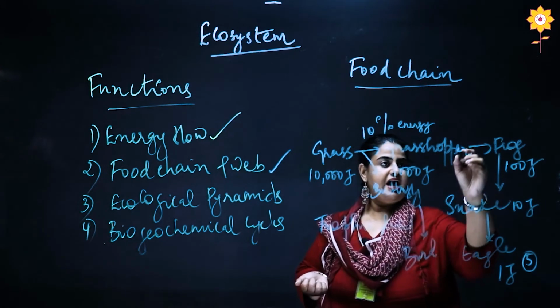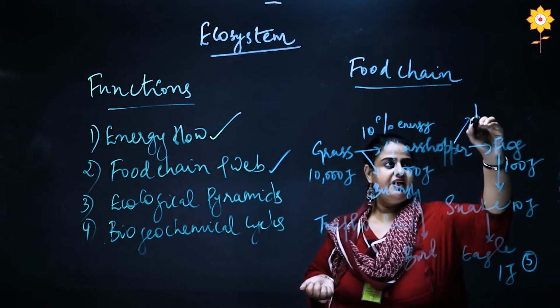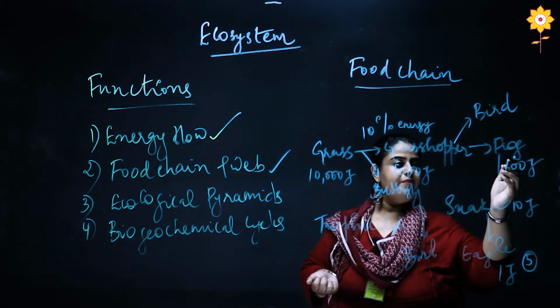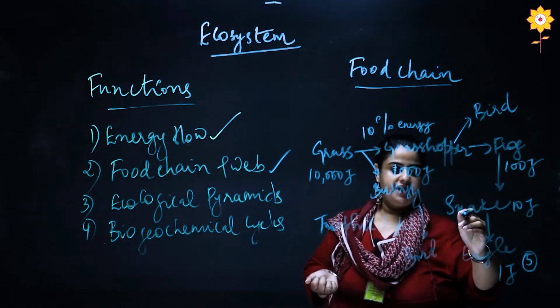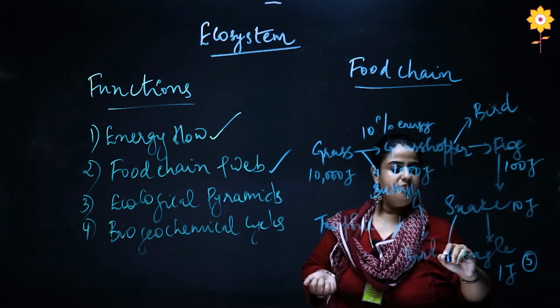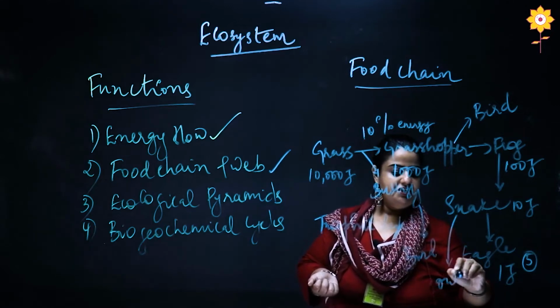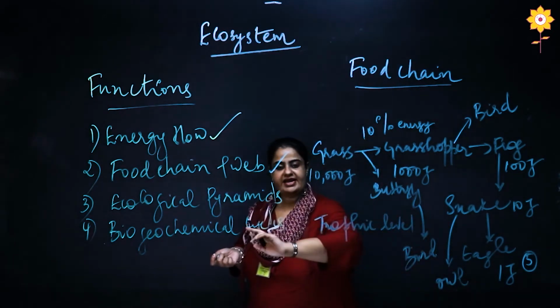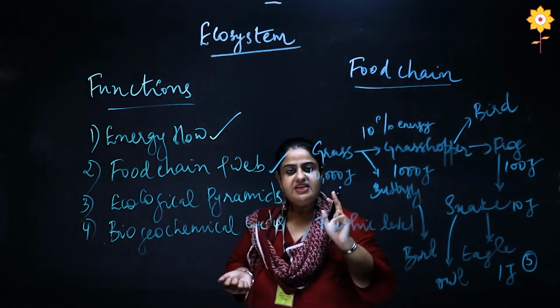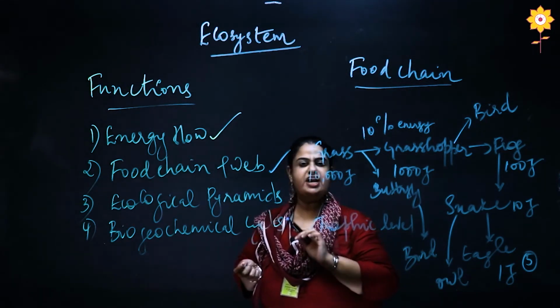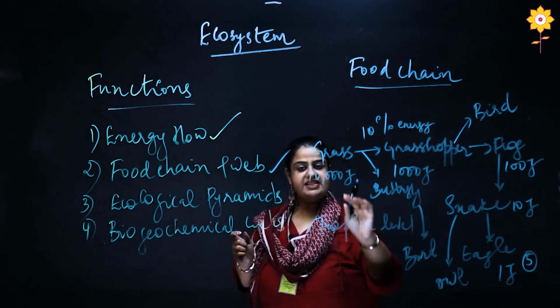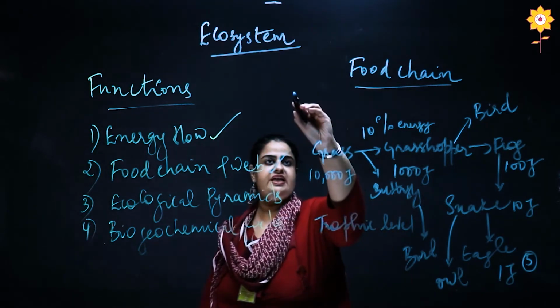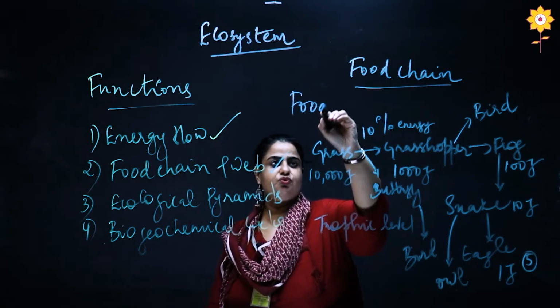Similarly, the grasshopper can be eaten directly by a bird. Frog can be eaten by a snake, and snake can be eaten by an owl. So what I'm trying to say is, the organisms in food chains are always interconnected because they cannot stand independent, and this interconnected food chain is what we term as food web.